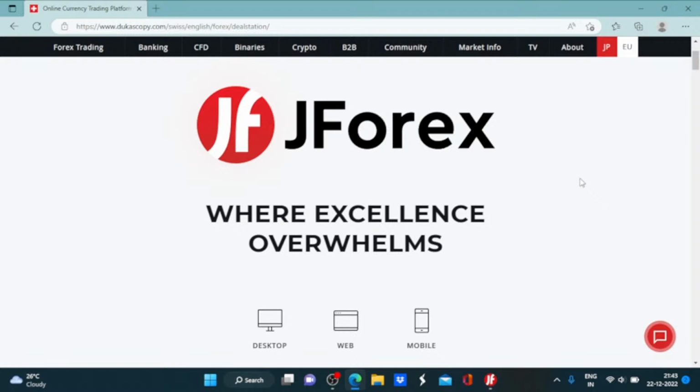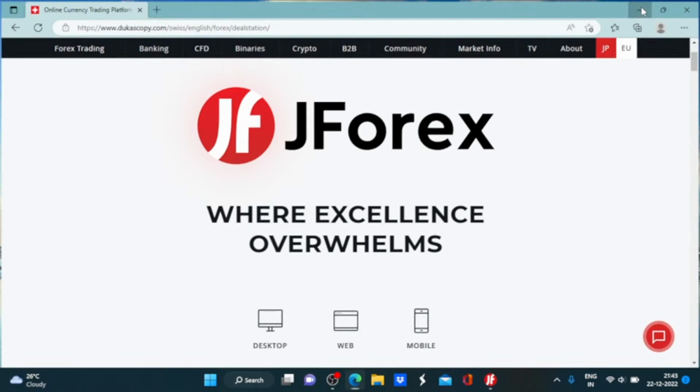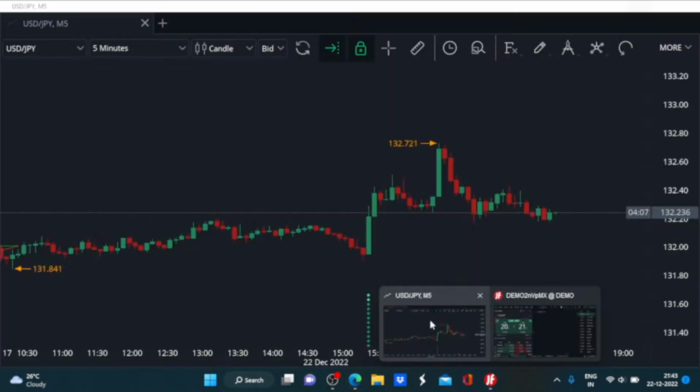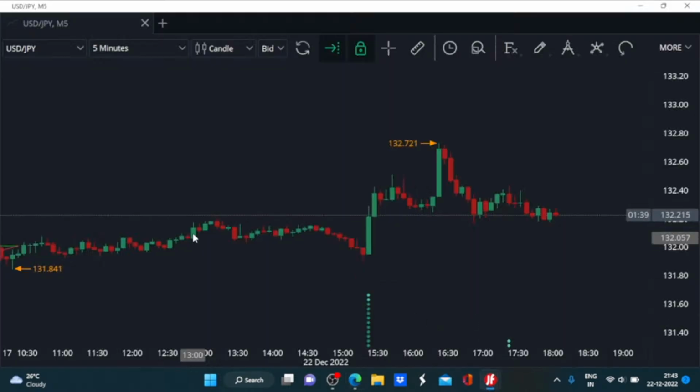So let us now head to the JForex 4 so that it becomes easier for us to talk with the pattern in place. This is the USD JPY chart. Just prior to the start of the session, I was looking at various charts by applying this pattern. It is a pattern which is not formed always, only once in a while.